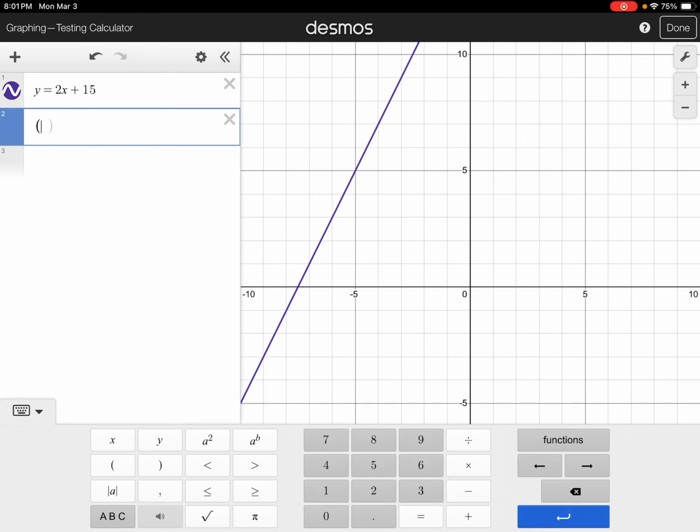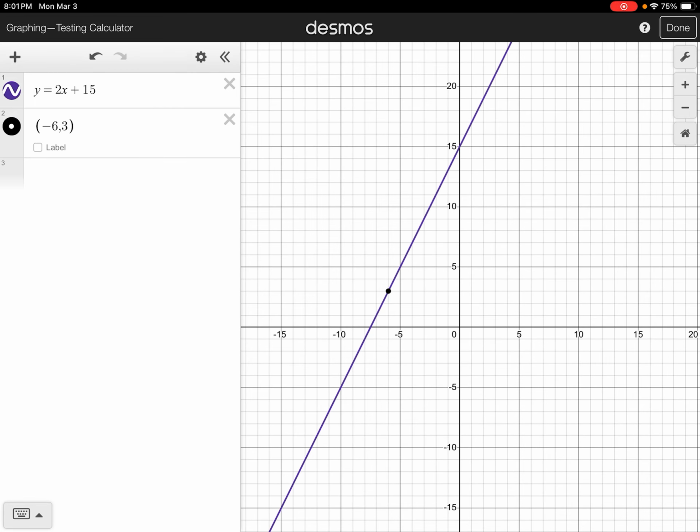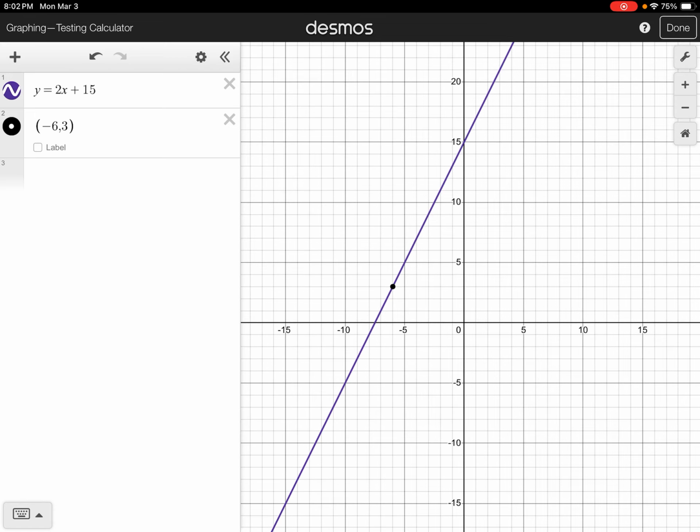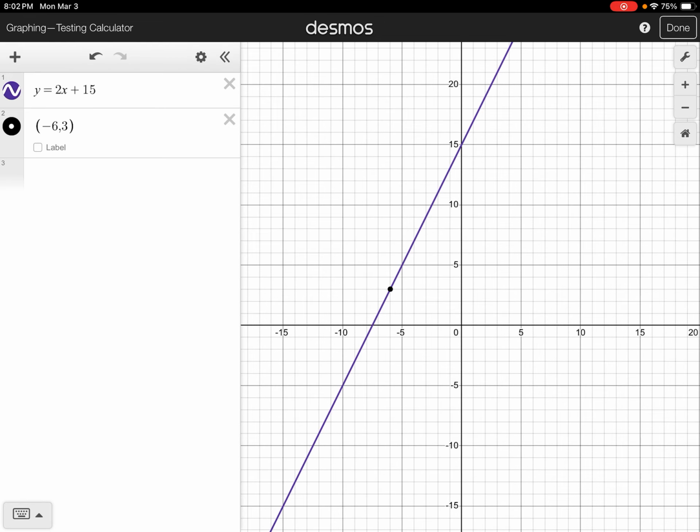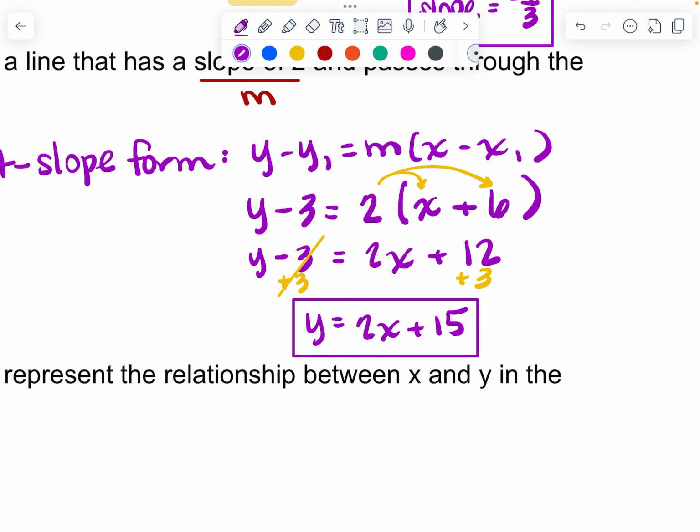And I know this has to pass through the point -6, 3, according to the question. And looky there, there's my point, -6, 3, and it clearly lies perfectly on the linear equation that we found. That is telling us that we have done our math correctly. Plus, it's got a slope of 2, clearly. So that is an excellent answer.